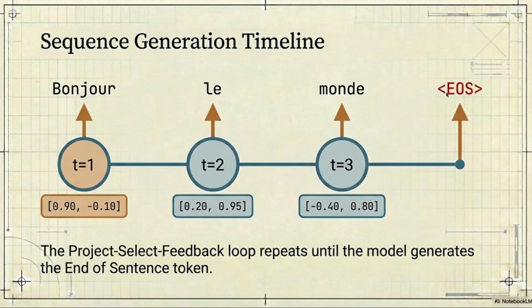This is crucial as it allows the model to stop generating. Note that we put in 2 words, but we get 3 words as an output plus this stop token. So the model successfully handled the length mismatch.